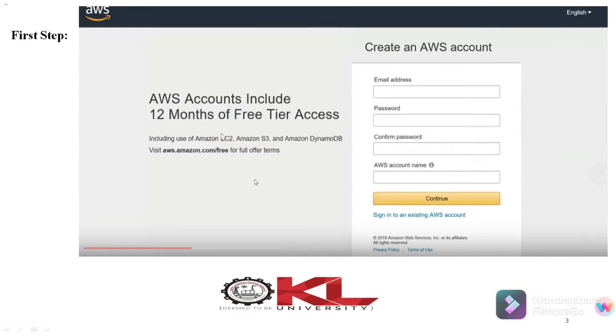This is the first screen where the user has to enter the email address, password, and retype that password. Then you provide a username, which is how your name will look in the AWS Cloud, so that every time you see the home screen you will see that name.